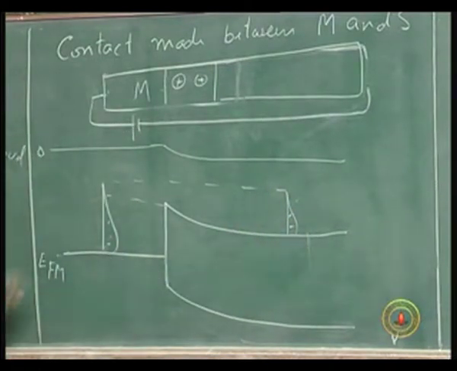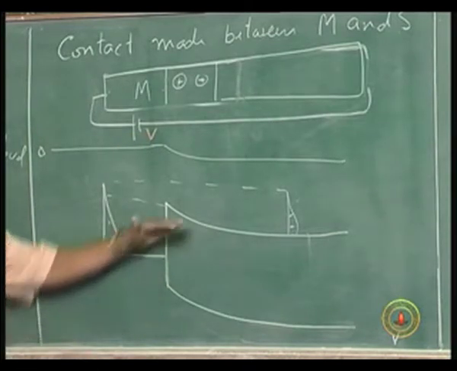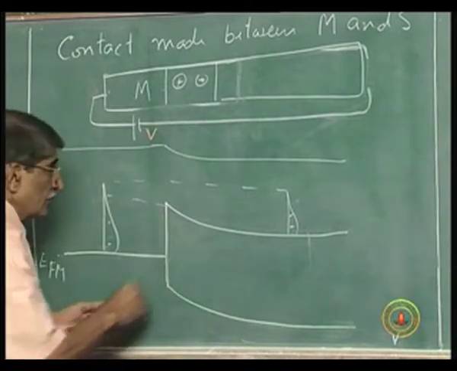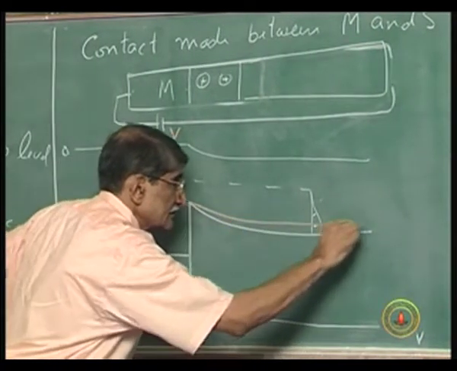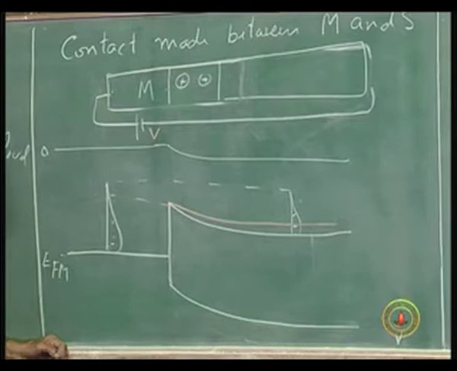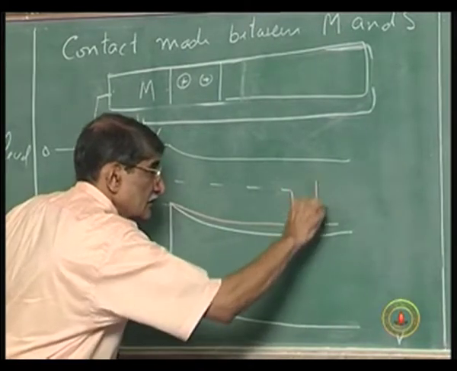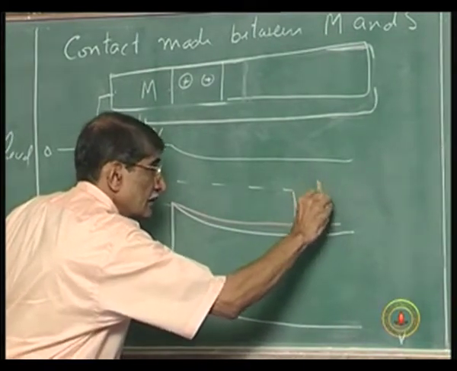Now, when I apply a forward bias V here, this shifts up. So, I can draw this with that color, and corresponding to that you will have this distribution like that.